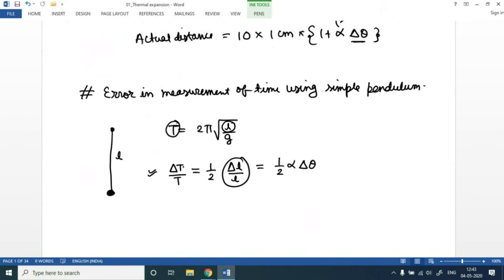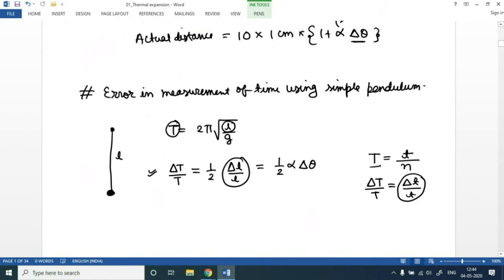Like for example, if this kind of question is asked to you, by how much time a pendulum clock will become slow at an increased temperature in a day, you should realize that in that case, since capital T, the time period, is nothing but the total time of oscillation divided by the number of oscillations, it should be clear that delta T by T would be the same as delta small t by T, where delta small t by T is nothing but the relative change in measurement of time.